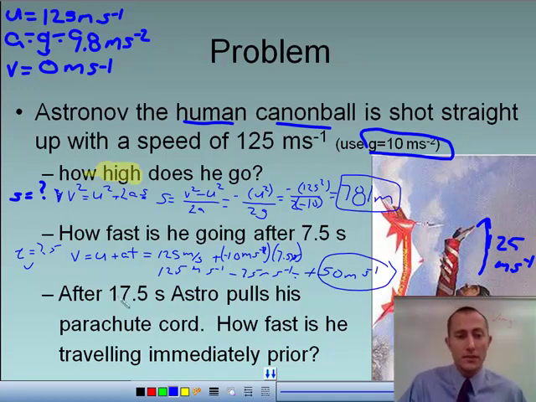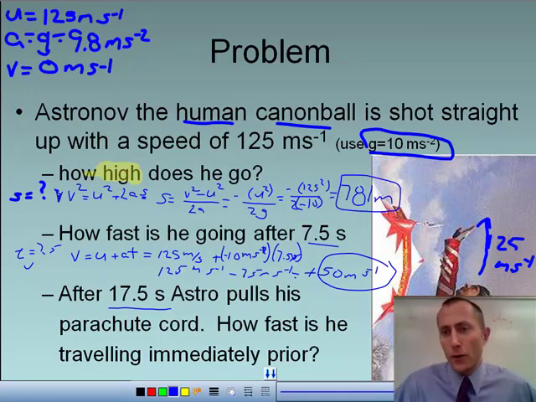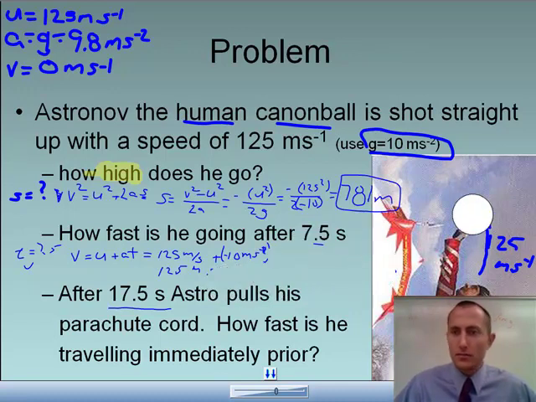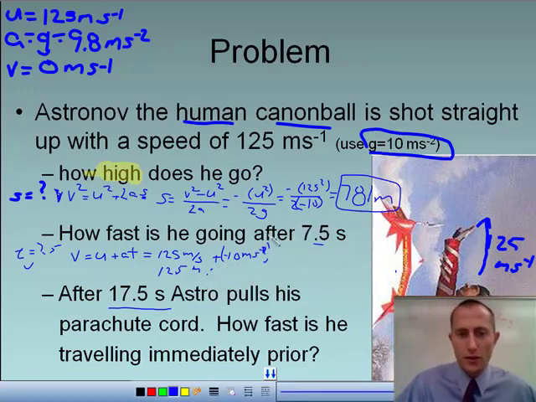Now, the second part here, it's asking about the speed after 17.5 seconds, so 10 seconds later after this. And so if we simply change the time from 7.5 to 17.5 seconds, that makes one change.